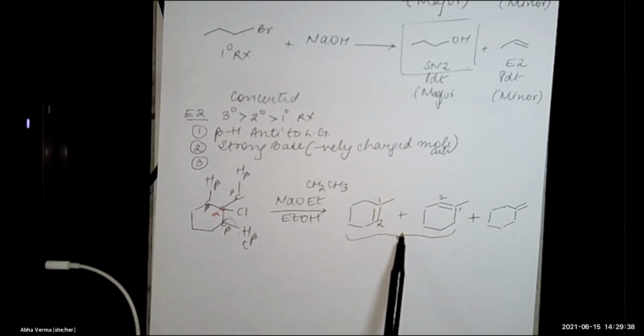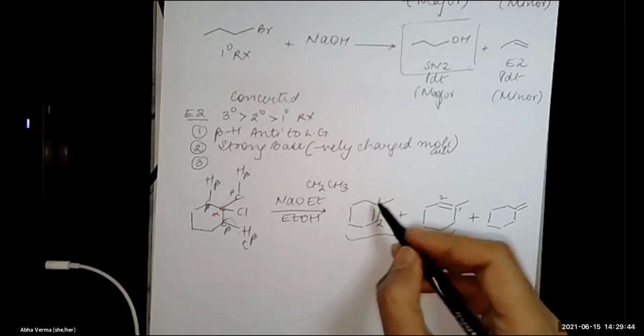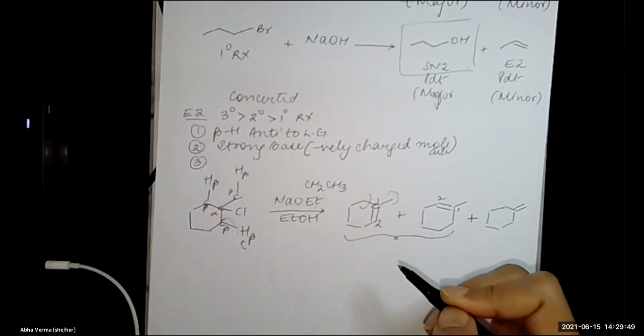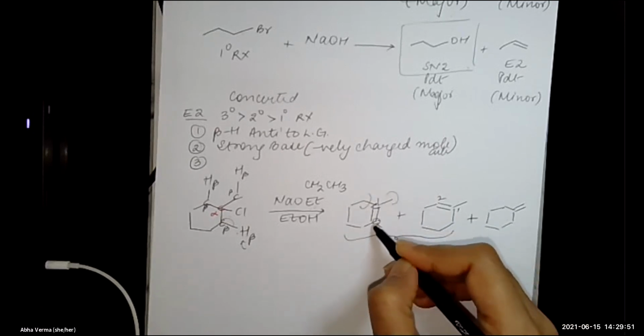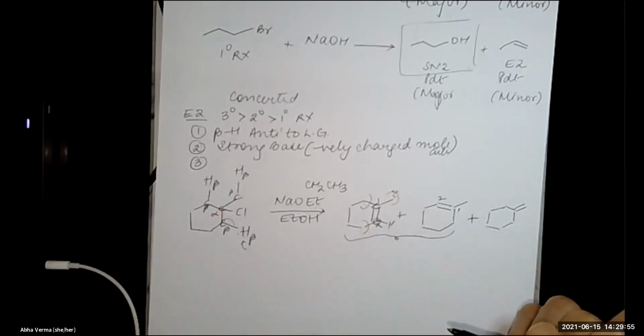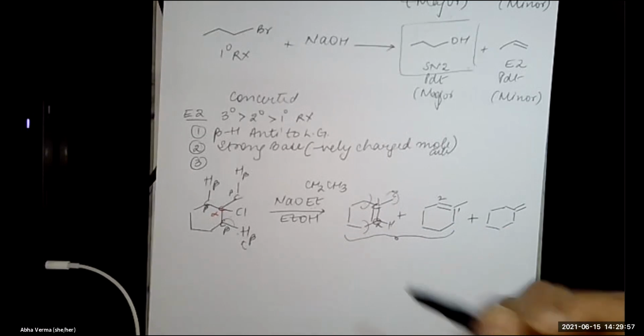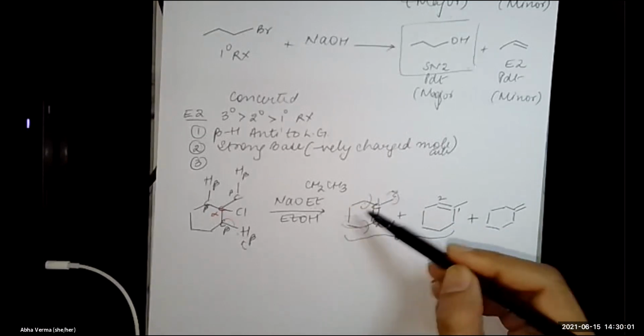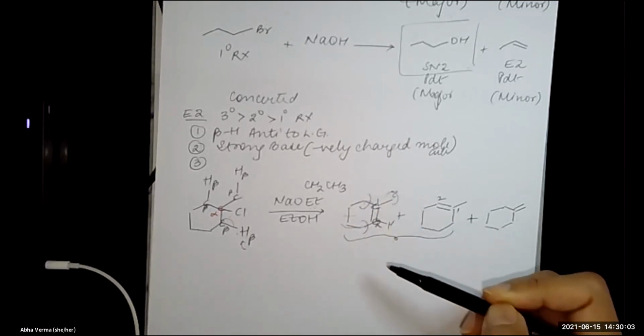Looking at the stereochemistry, what kind of a reagent do I have here? On this carbon, this is the priority. On this carbon, this is the priority. So I have an E kind of a system. But both of these groups are exactly the same. If I walk from here or if I walk from here, they're exactly the same.